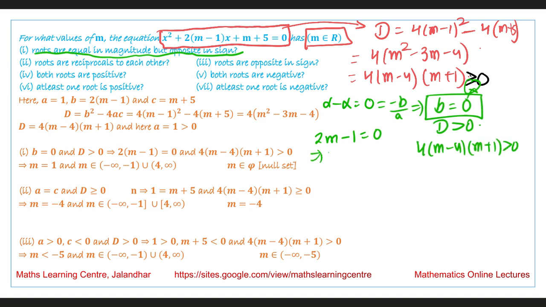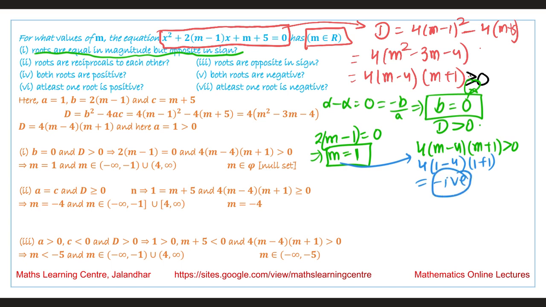So the value of m from the first condition is equal to 1. And if we substitute this value of m in the discriminant expression, we obtain 4 into (1 minus 4) into (1 plus 1), which is a negative number.